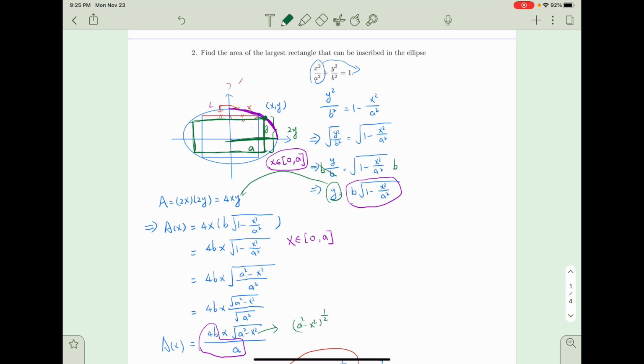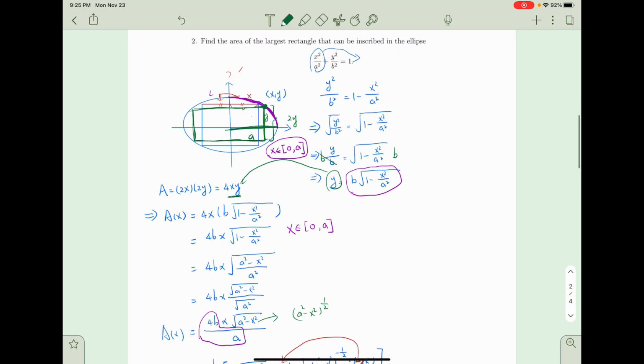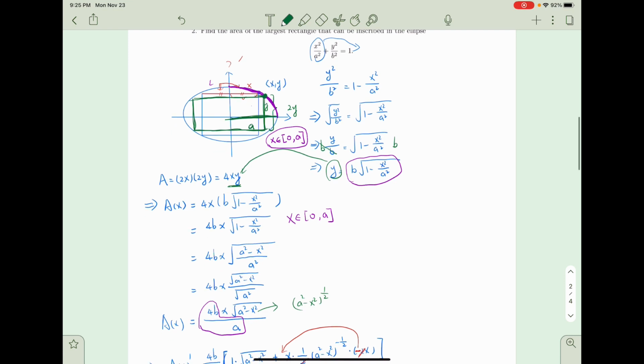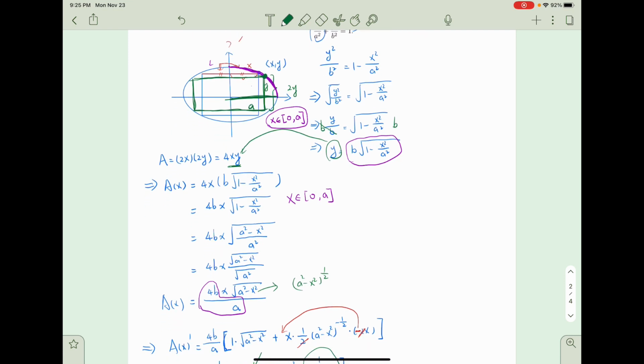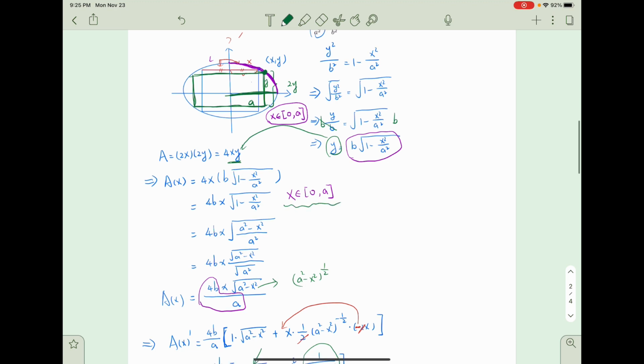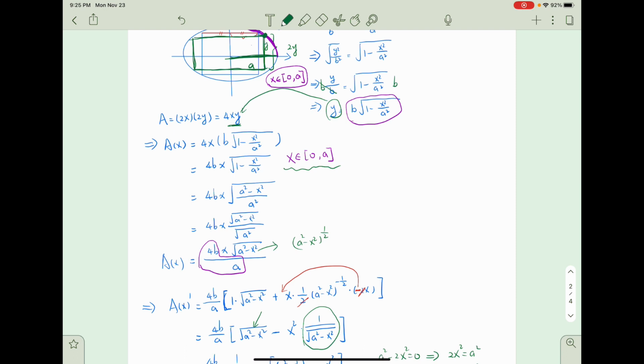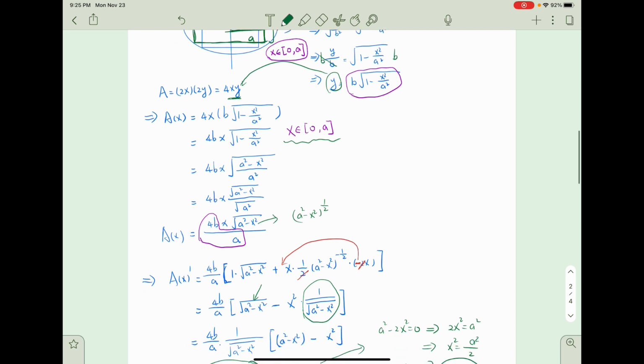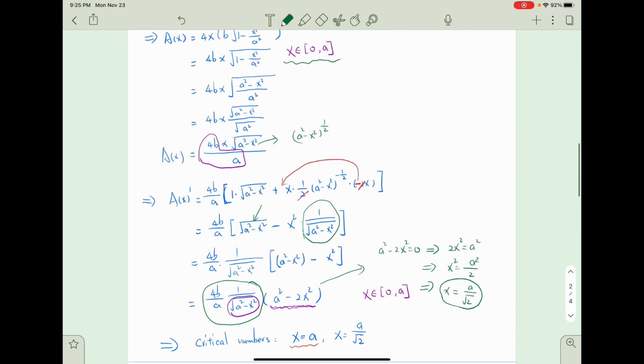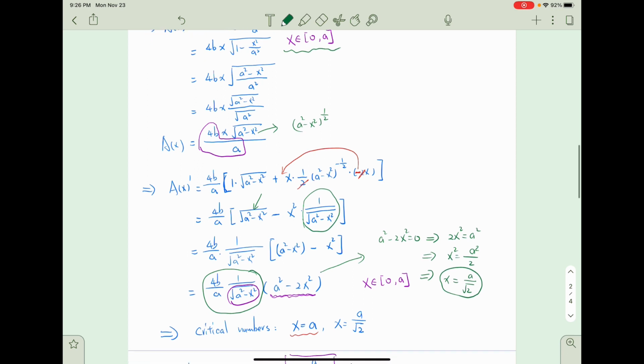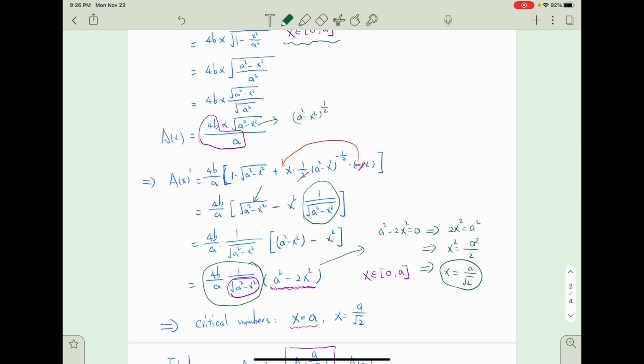And then we have two variables here, so we need to eliminate one of them by using the given expression. After we do that, this expression is written in terms of only x, right? And then we also need a domain of this function. Then we take the derivative, and we went through some complicated computation, but we finally got to the end.